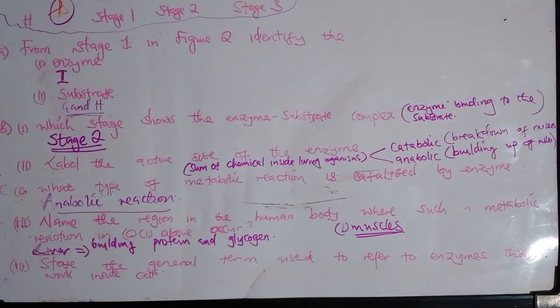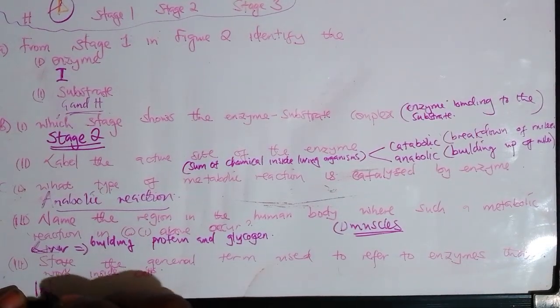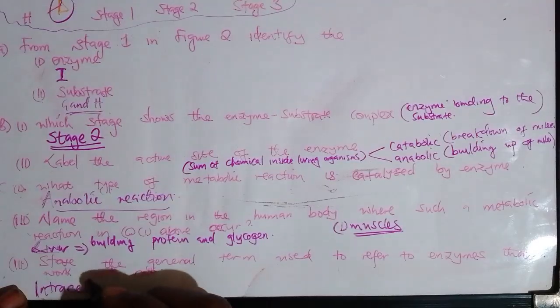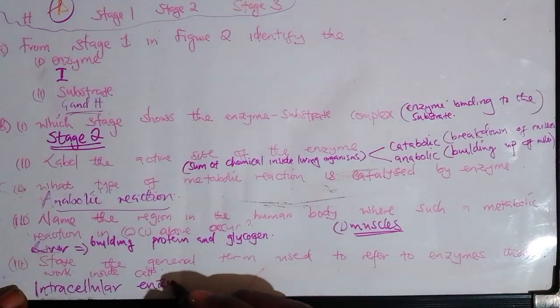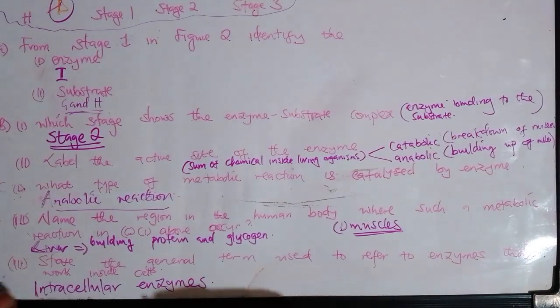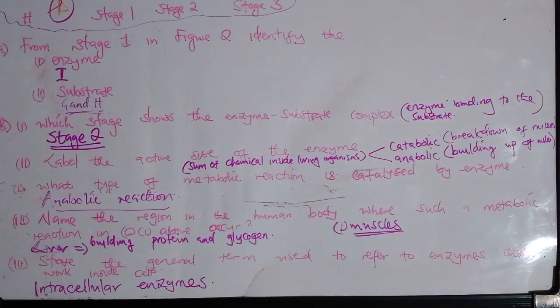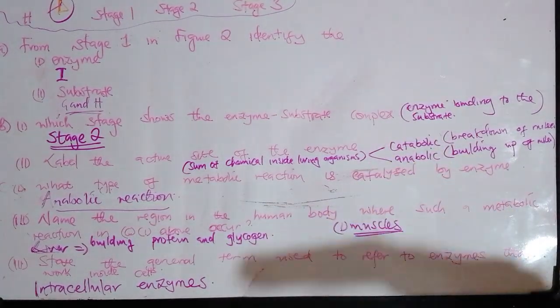So in our case, they are asking us for those enzymes that work inside living cells. So our term is intracellular enzymes. Why do we say intracellular? Intra for inside, cellular for cell, then the last part, enzyme.